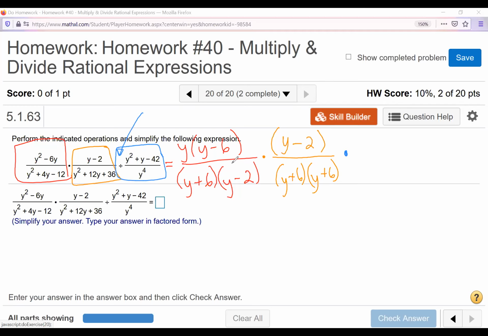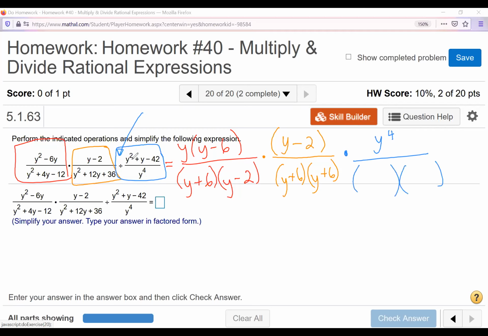So I'm keeping everything else as it is, but changing that to multiplication and then flipping it. So the denominator of the original problem, y to the 4th, is now in the numerator, y to the 4th. And then what was in the numerator, y squared plus y minus 42, that we can now break down. We can factor that and put that in the denominator.